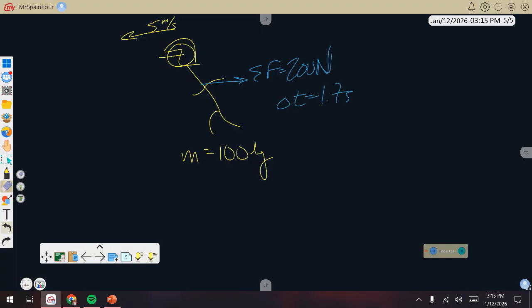Give me 2 seconds and I'll finish up. This time, I want to highlight ahead of time how ridiculous this time actually is. I drew it up to 1.7 seconds so that the numbers are not really that bad, but keep in mind that when I say 1.7 seconds, that would be how long the collision actually took place. So to hit for 1 second and then 70% of another, that's a hit and a half, and that's probably not going to happen. It's going to happen a lot shorter.